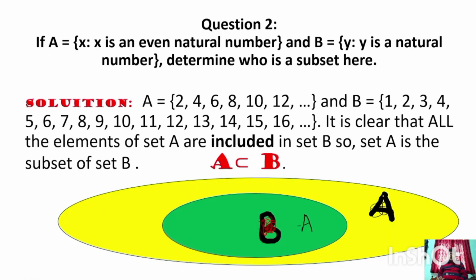This set is A and this set is B. Can you change it? Right? Here A is a subset of B, because A is the set of even natural numbers and set B is the natural numbers. So all elements of the set A are in set B. That's why A is a subset of B. Once again, check it and rectify the naming in the diagram. Okay? Understand? Clear? Right?